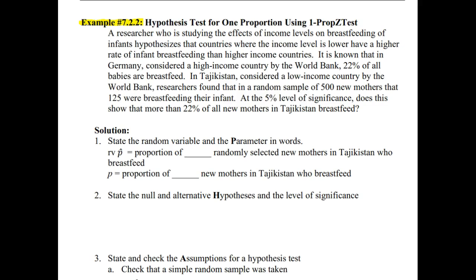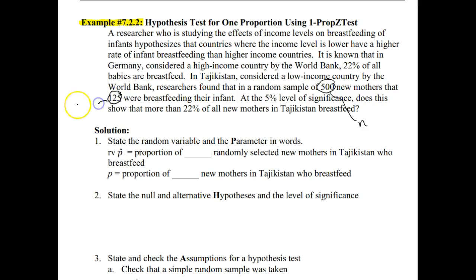So a researcher who's studying the effects of income levels on breastfeeding of infants hypothesizes that countries where the income level is lower have a higher rate of infant breastfeeding than higher income countries. It's known that in Germany, considered a high-income country by the World Bank, 22% of all babies are breastfed. In Tajikistan, considered a low-income country by the World Bank, researchers found that in a random sample of 500, there's our little n, new mothers, 125 were breastfeeding their infant.